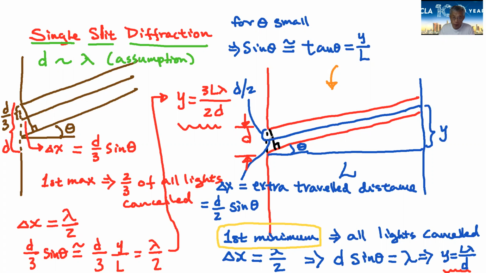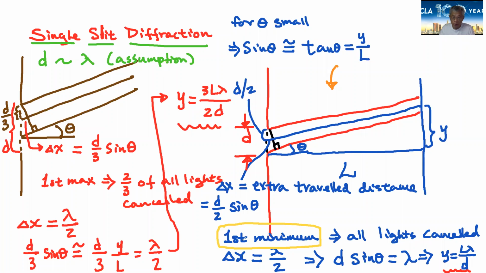The actual distance that we consider is right there. This delta x is the actual travel distance of this blue ray compared to ray one, and that is equal to D divided by 2 times sine theta. This theta is theta here, and it's also theta over there.